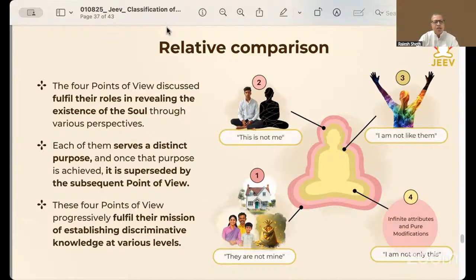So the four points of view discussed fulfill their roles in revealing the existence of the soul through various perspectives. Each of them serves a distinct purpose. Like number one stopped possession of all the external objects and limited us to our family, our wealth, our home, our car, our business.